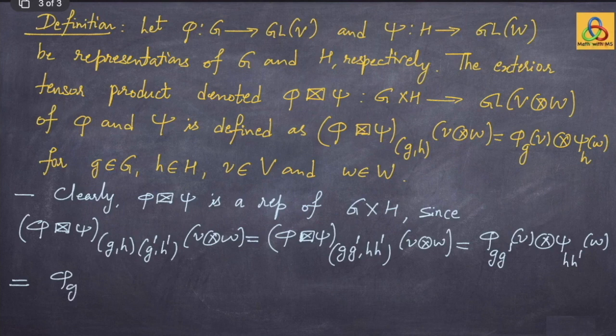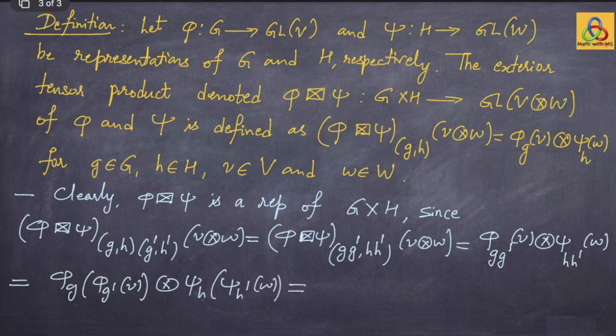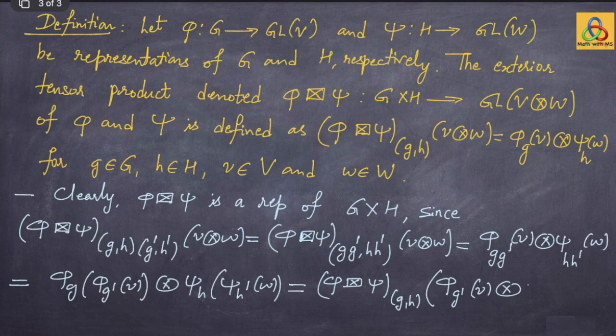But we know that phi and psi are representations, so they are group homomorphisms. So I can write it as phi g into phi g' of v tensor psi h into psi h' of w. But if you consider phi g' v and psi h' w as vectors, this is just the same as phi exterior tensor psi acting on the pair (g,h). So this acts on phi g' of v tensor psi h' of w.